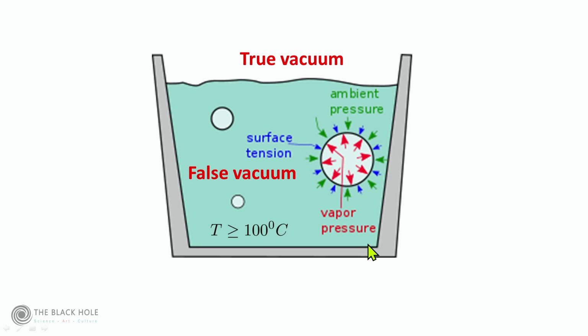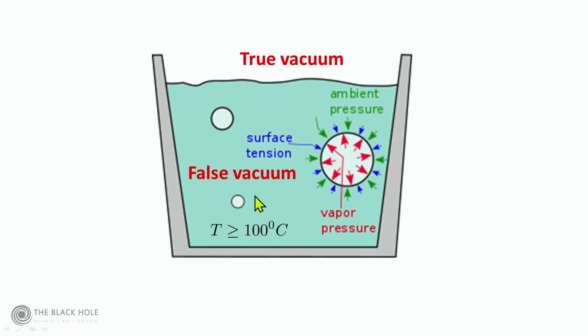But here's how tunneling, how a quantum field actually can make a transition from one situation to another, from the false vacuum to the true vacuum. So by way of analogy, now, this is not quantum field theory. Here we're considering super hot water.